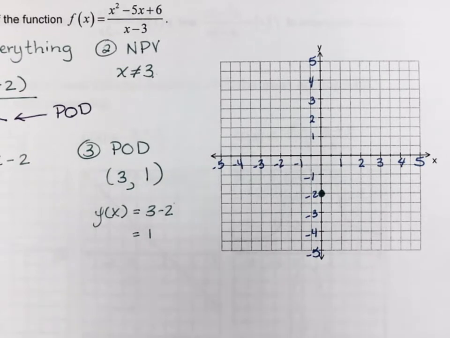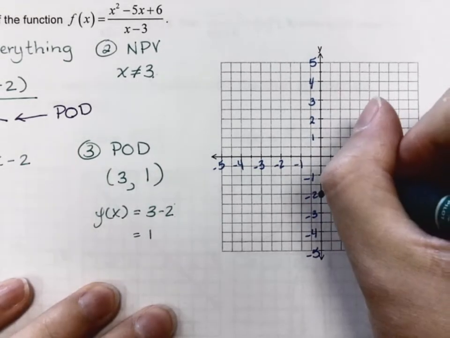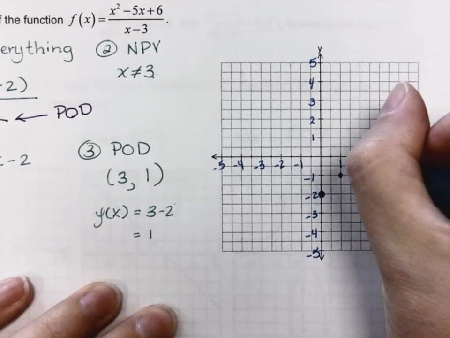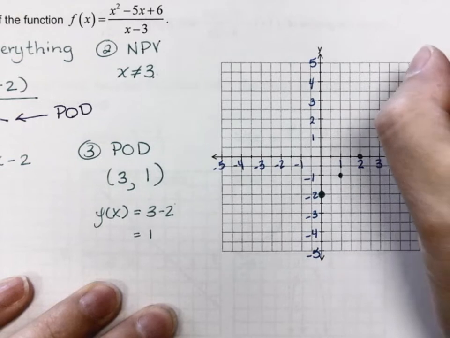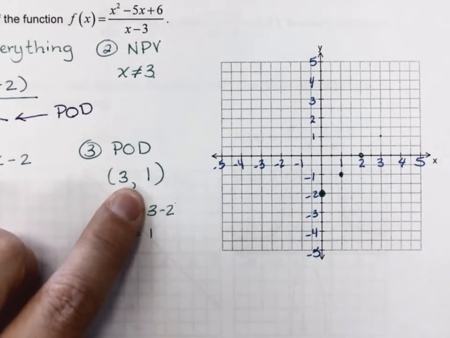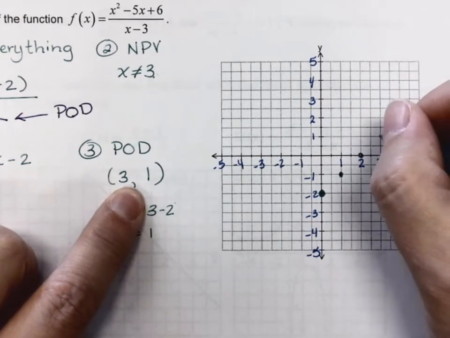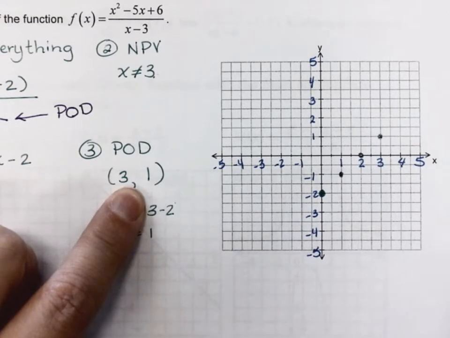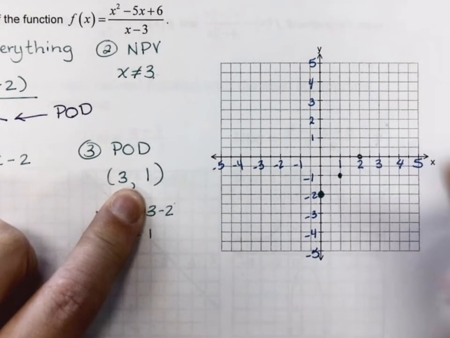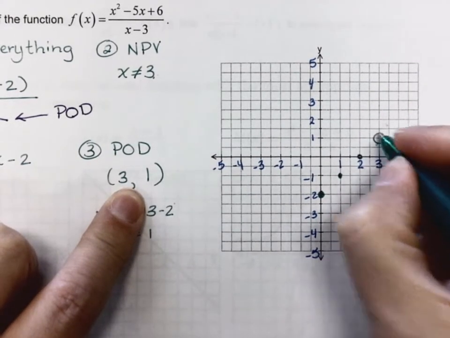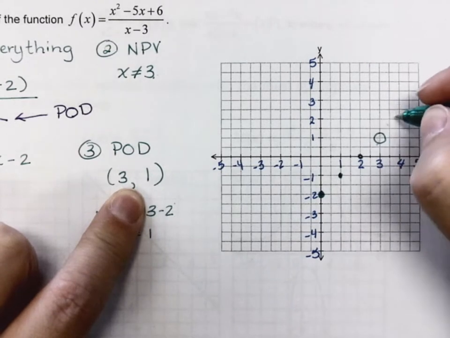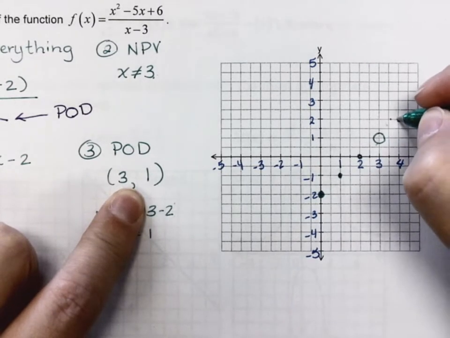But by getting rid of that denominator, that removed the asymptote, but it left us with that point of discontinuity. Okay, so my point of discontinuity is at 3, 1. So instead of putting a dot like I normally do, I'm going to put an open circle. And I'm going to make it significant just so I don't miss it.